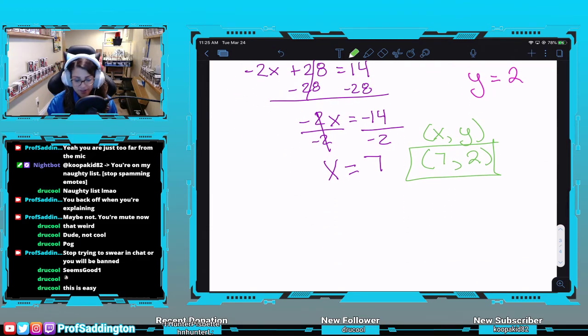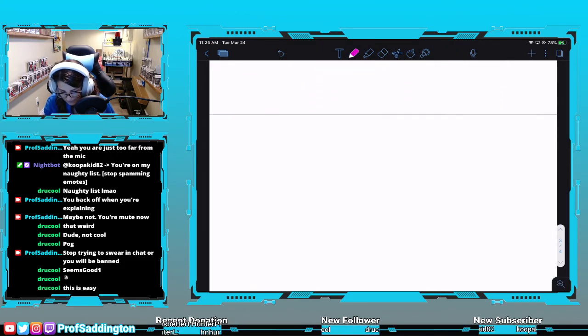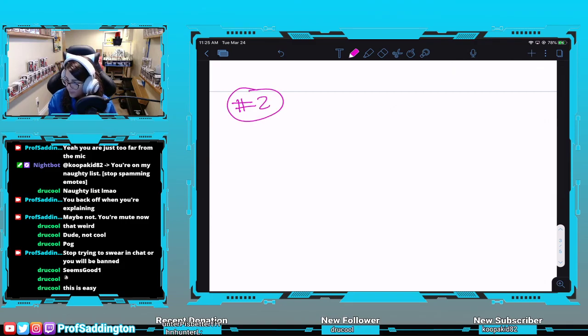So let's try another one. Let's do top equation is going to be negative 4x plus 8y equals negative 12.